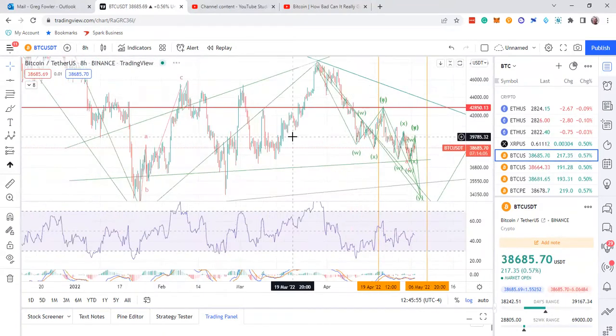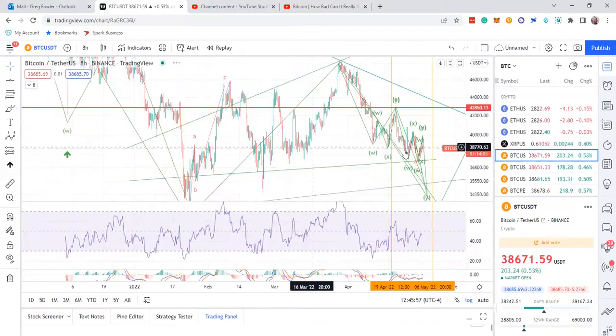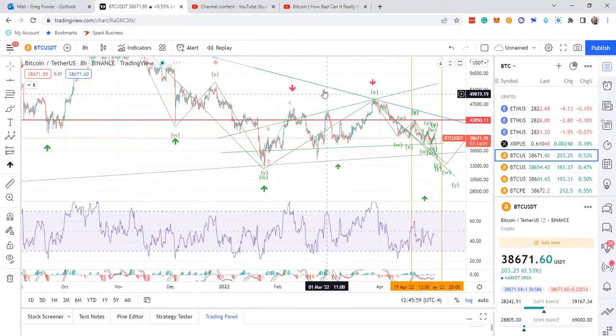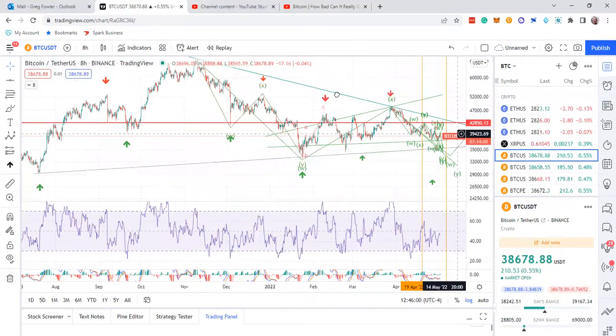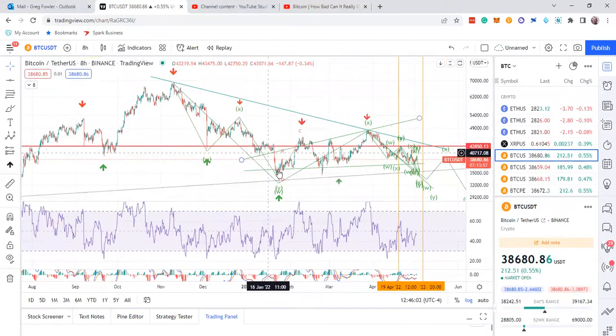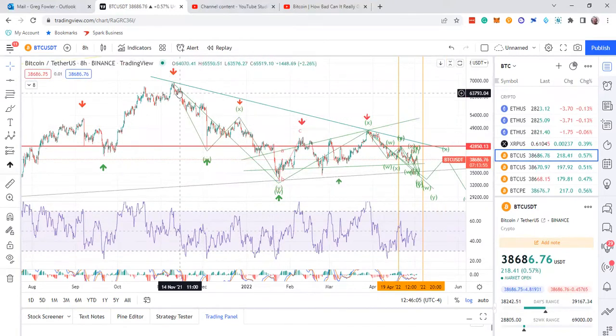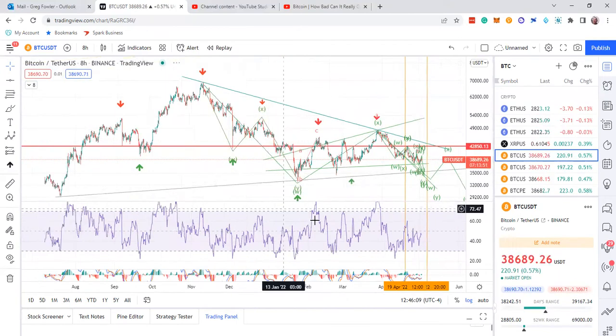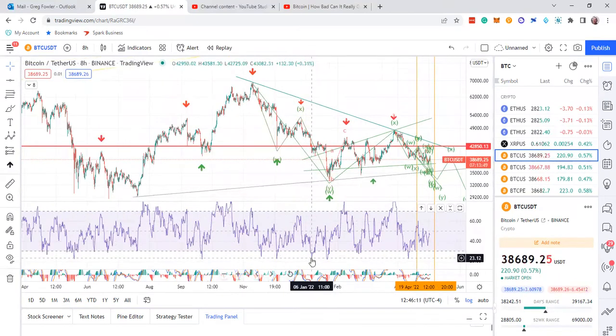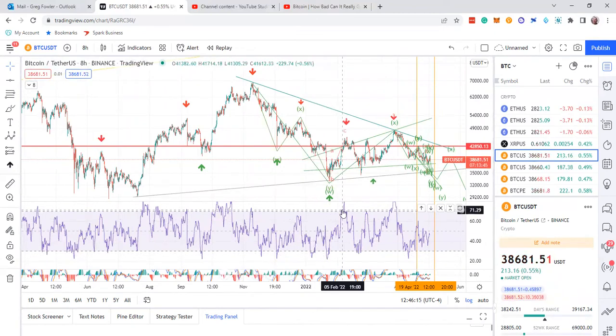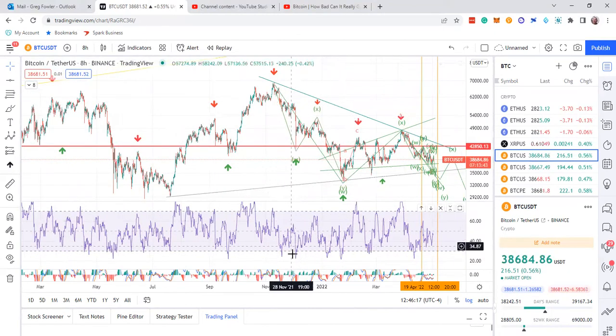If you go over here on Bitcoin, you see these moves are ABC moves like this, okay? Boom and up, boom. And you can see from there to there, divergence, and it pops up. Same thing right here.